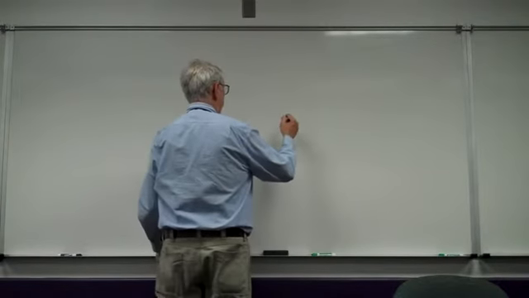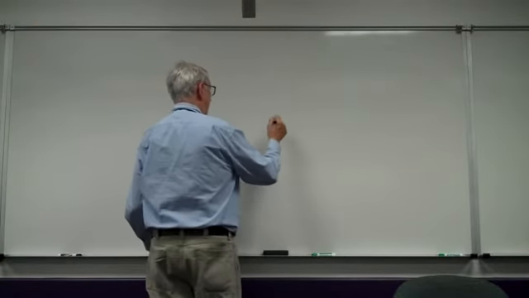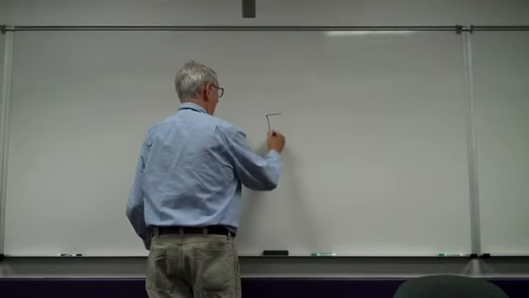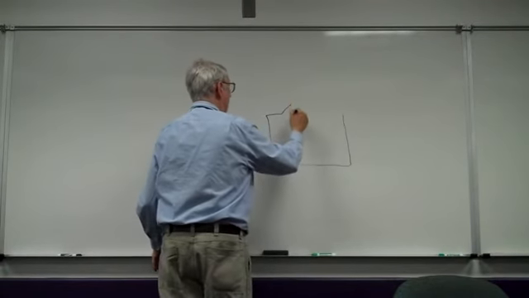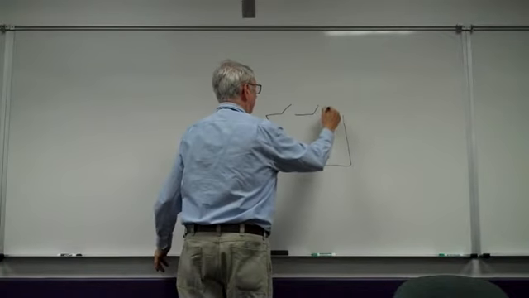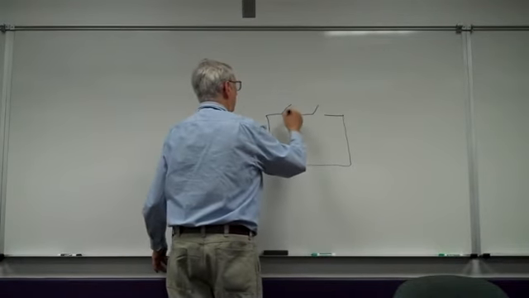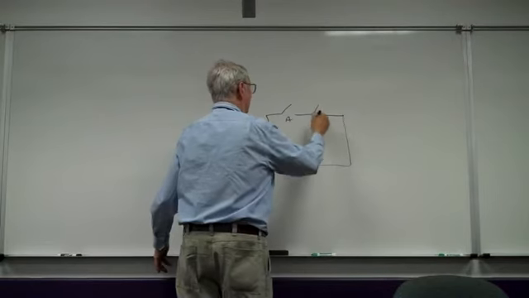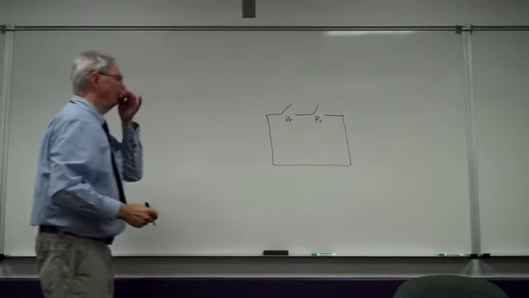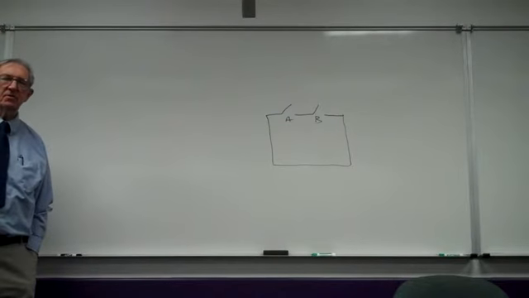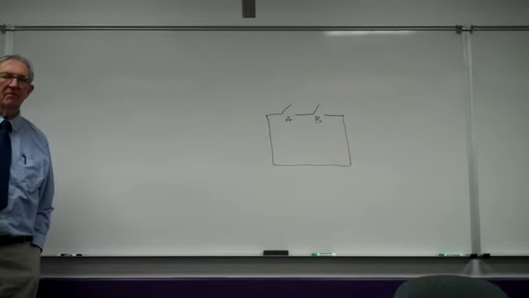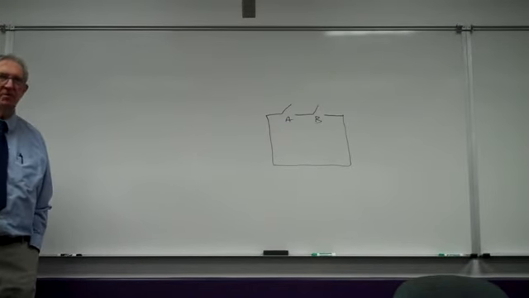Okay, so for example, if I had a barn, and the barn had two doors in it, this door and this door right here. There's two doors, okay. Now in the real world, we solve problems like this without even thinking. We know exactly what to do.